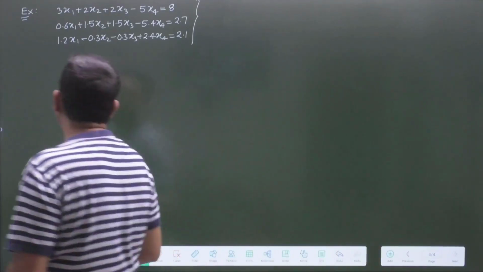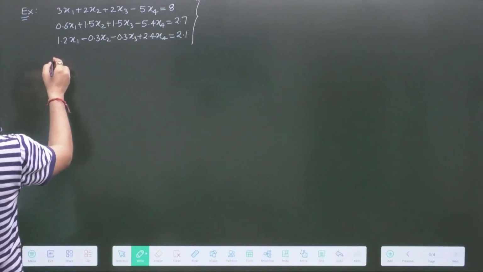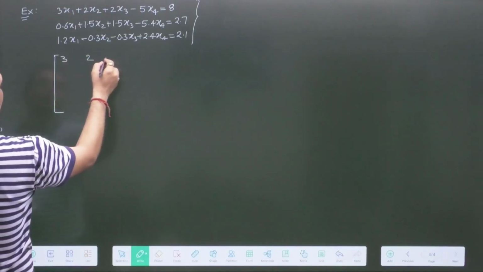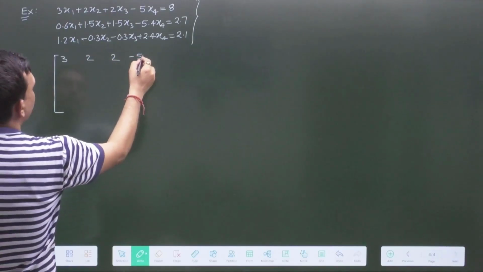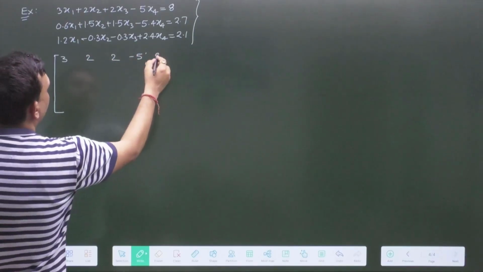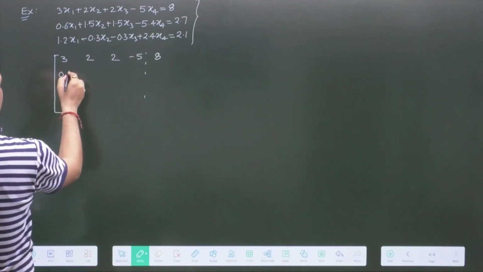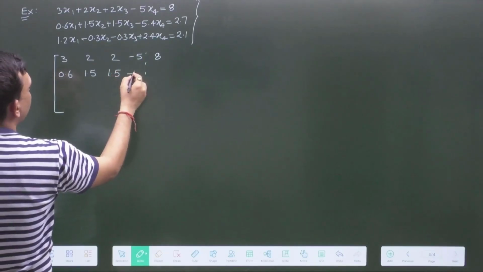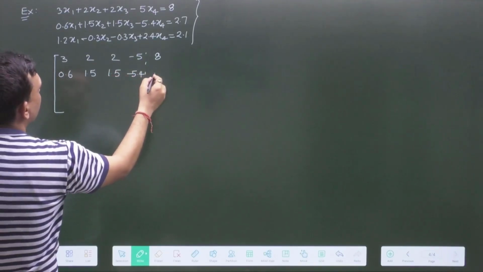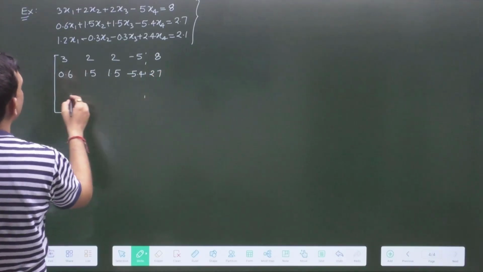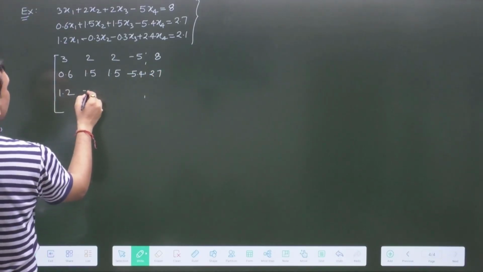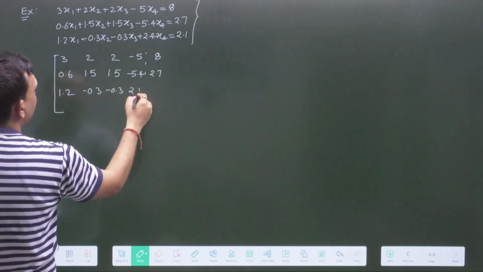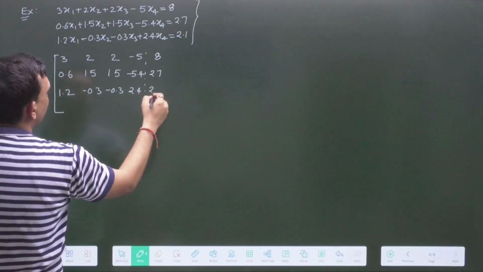So we will check for that. Write down the augmented matrix. This is 3, 2, 2, minus 5, 8, and this is 0.6, 1.5, 1.5, minus 5.4, 2.7, and 1.2, minus 0.3, minus 0.3, 2.4, and this is 2.1.